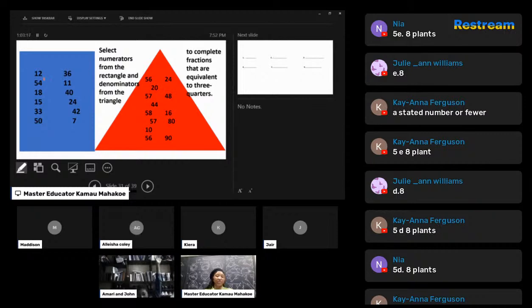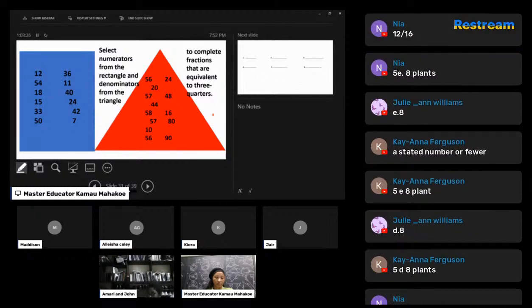So we're to choose a top number from the rectangle and a bottom number from the triangle to make equivalent fractions. Amari, your turn. Yes, miss. Miss, I would say 12 over 16.